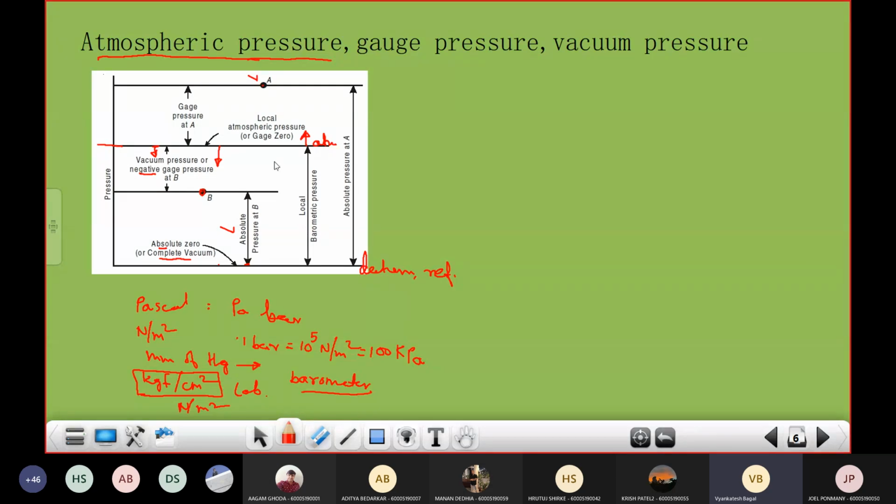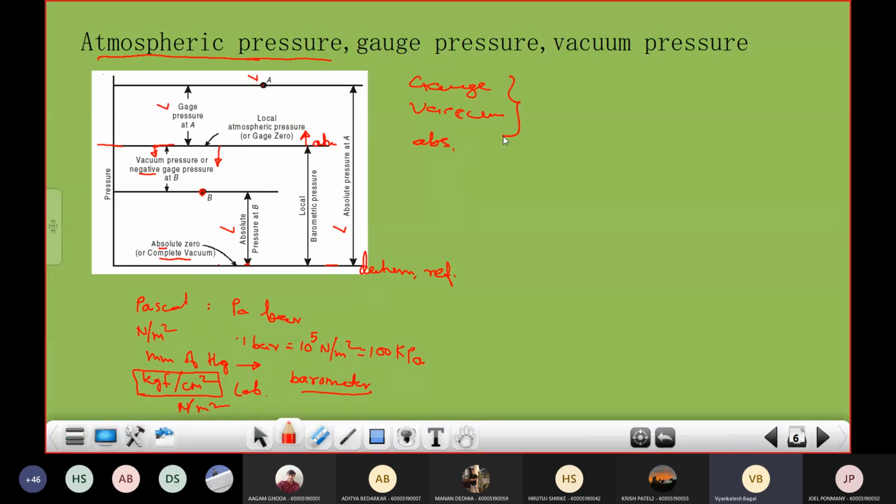Is it clear? And look at point A. Again, if my reference is this datum or absolute zero, the pressure measured from absolute zero up to point A will be called absolute pressure at point A. And the same pressure, if I am measuring with respect to atmosphere, then I am going to call it gauge pressure at A. So understand the difference between gauge pressure, vacuum pressure and absolute pressure.